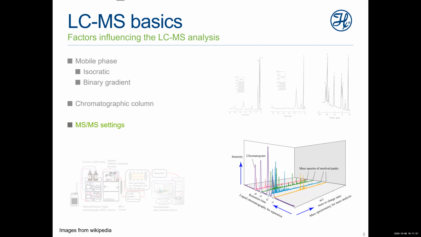So we have intensity and retention time, which are common to all chromatographic methods, but we also have the mass-to-charge ratio. That means that we have a third dimension in our data, and this is where the power comes from in mass spectrometry, because the third dimension allows us to have a more specific identification of what we are going to analyze.